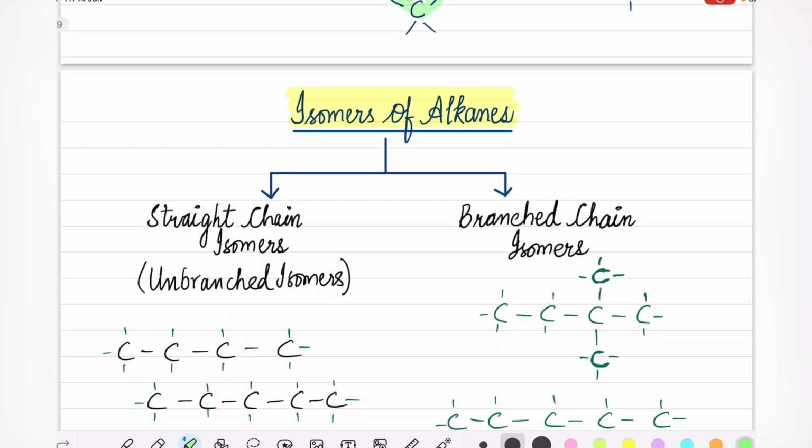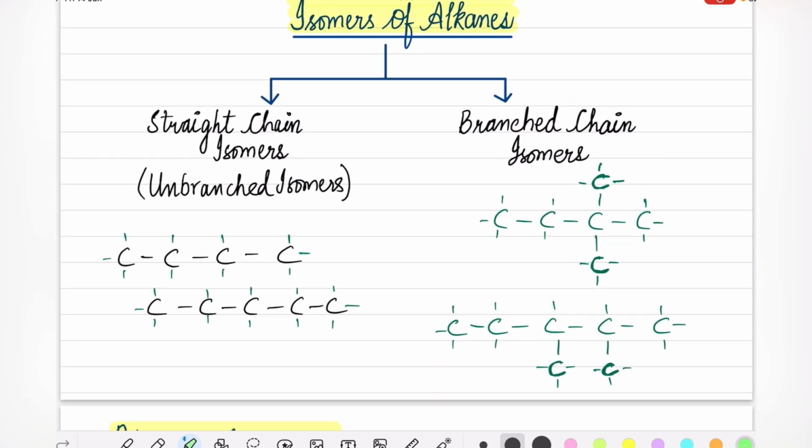Now, alkanes show two types of isomers: straight chain isomers, which are also known as unbranched isomers, and the branched chain isomers. Unbranched isomers consist of straight chains of carbon atoms, whereas branched chain isomers consist of carbon atoms in a main chain, and in addition to the main chain, there are carbon atoms present above and below the main chain.